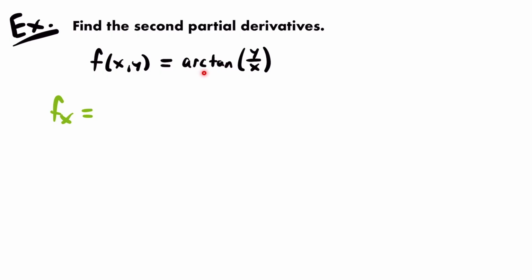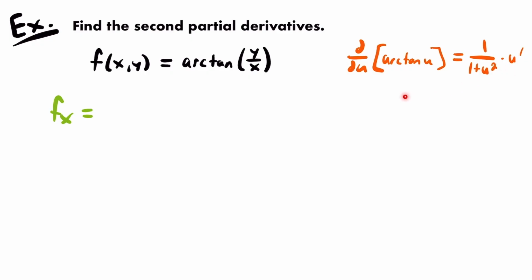The derivative of arctangent is 1 divided by 1 plus the inside function squared, multiplied by the derivative of the inside function. All right, more generally, d/du of arctangent of u is equal to 1 divided by 1 plus u squared times u prime. All right, it's 1 divided by 1 plus the inside function squared times the derivative of that inside function.